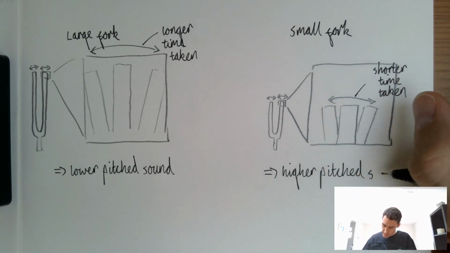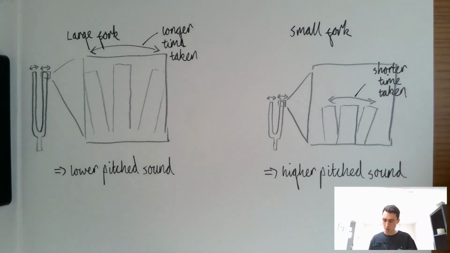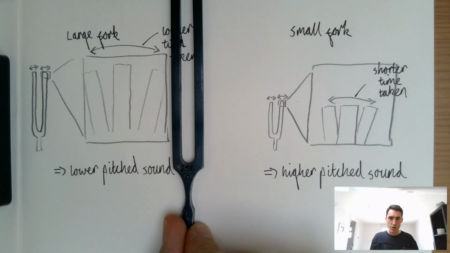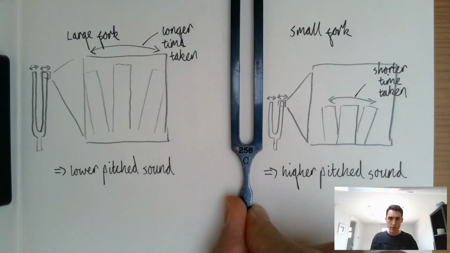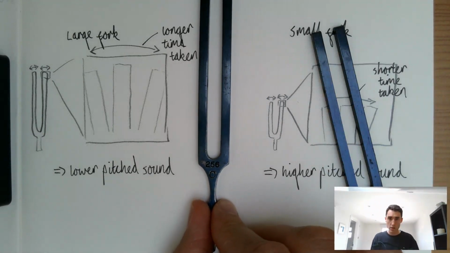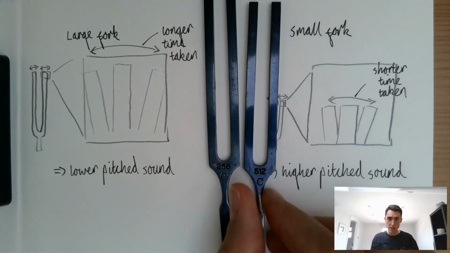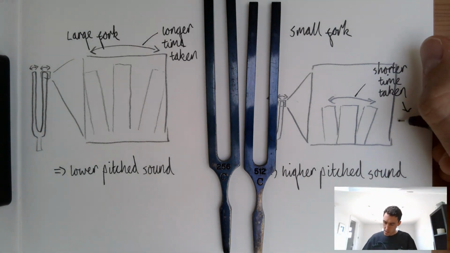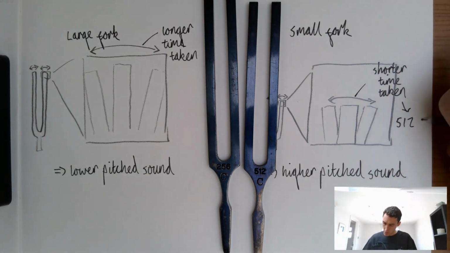And just to relate this idea of time taken or time period to frequency, sorry, I don't know where the light is here. So that's my bigger one. That's 256. That one's 512. I might want to say something like this oscillates 512 times per second.